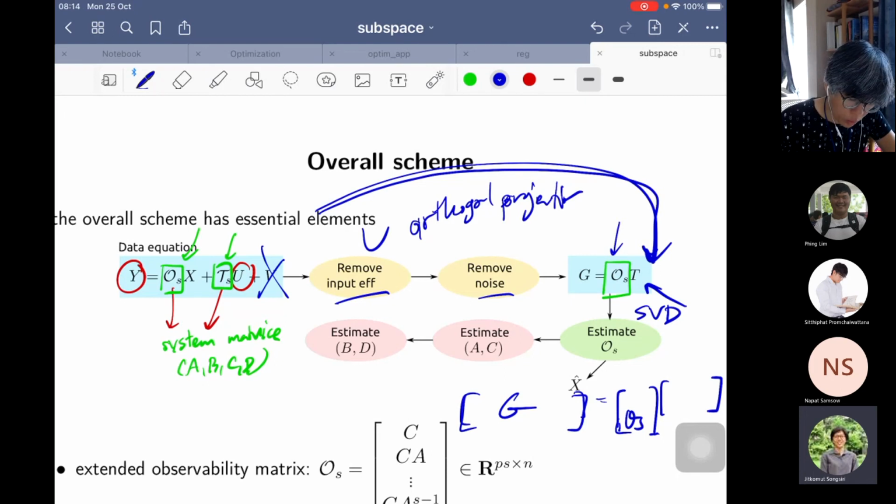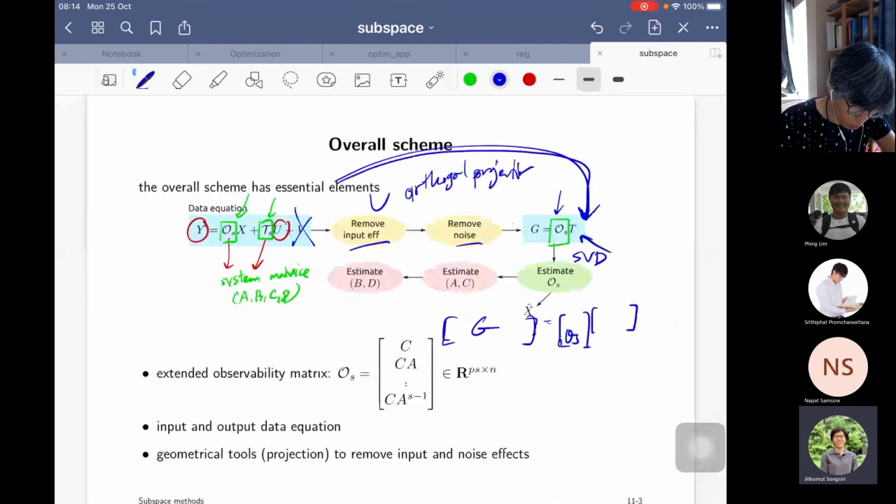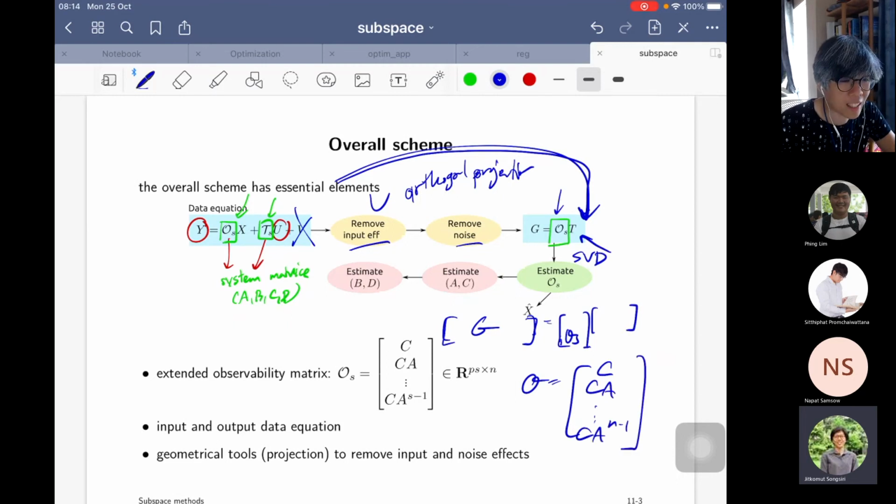Once we can estimate OS, what is OS? OS is actually the extended observability matrix. If you can recall, the observability matrix is C, CA, up to CA to the n minus 1. This is a matrix that indicates the property called observability. If the system is observable, it means from the measurements of Y, you can estimate the initial state.